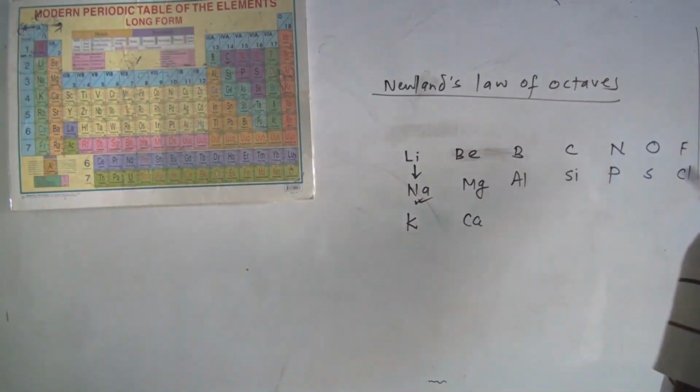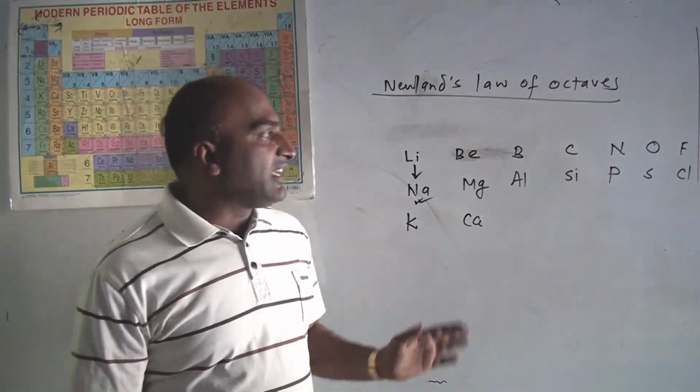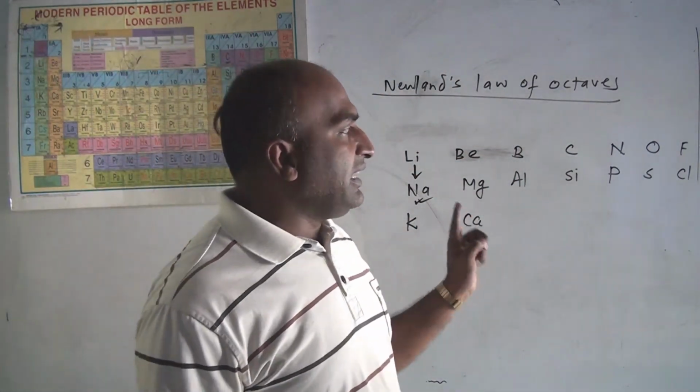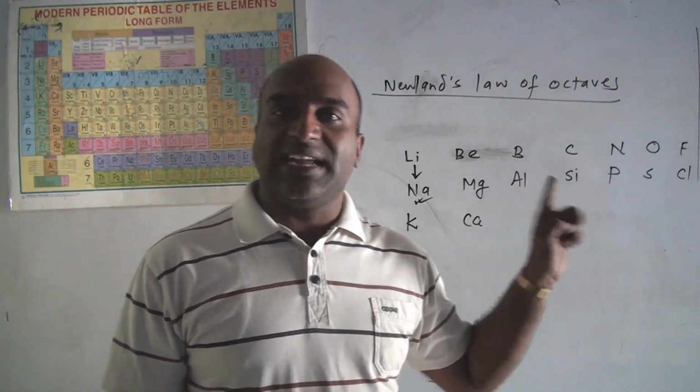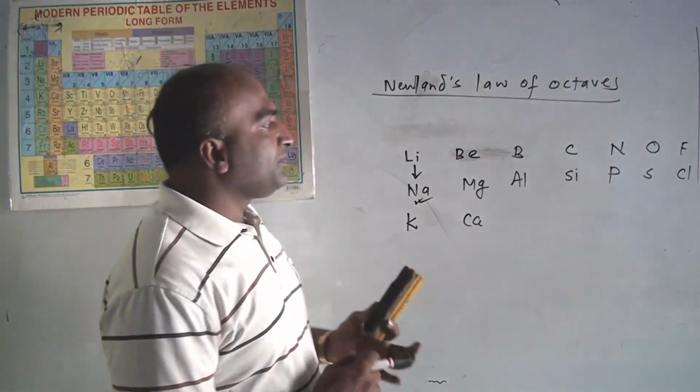According to Dmitry Mendeleev, he had arranged the elements in the increasing order of atomic weight in 1869 AD.